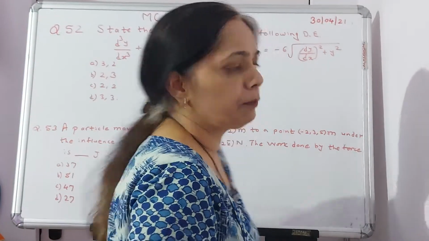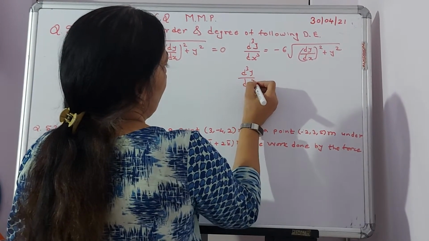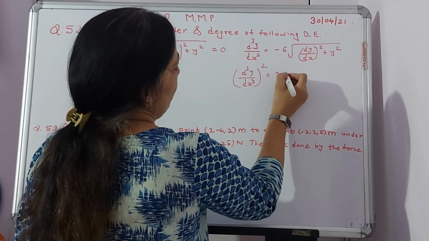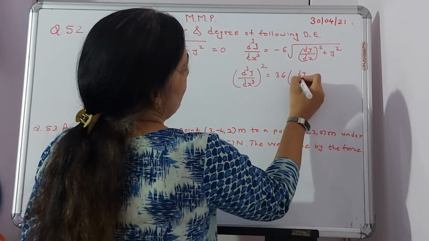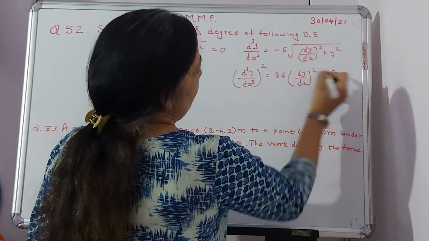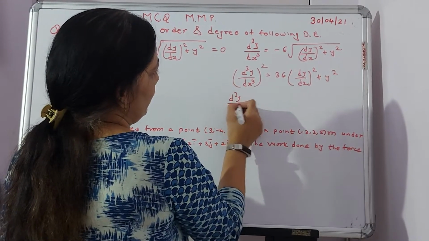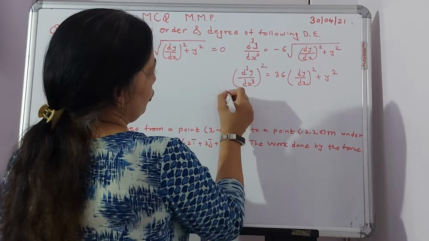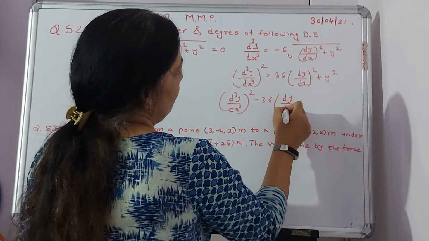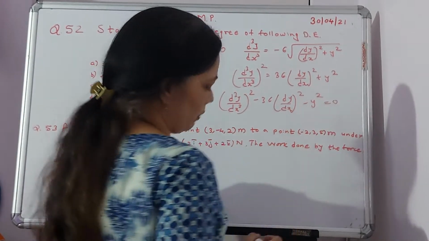Next step should be to square both the sides. So here we get d cube y by dx cube square is equal to 6 square, which is 36, times dy by dx bracket square plus y square. Right. So if you take this term to the LHS, we get d cube y by dx cube square minus 36 dy by dx square minus y square is equal to 0.